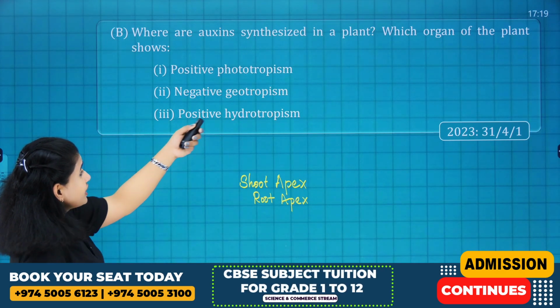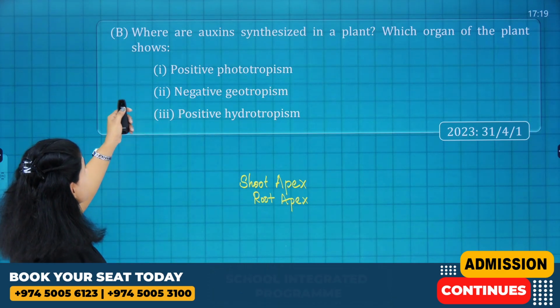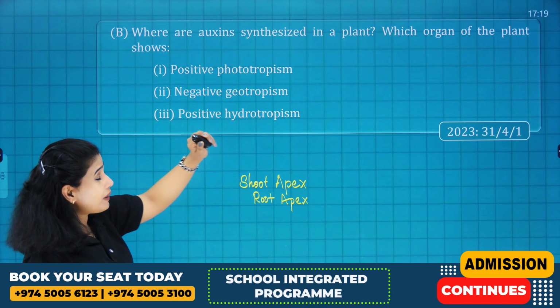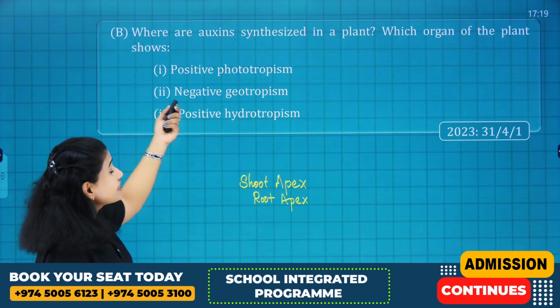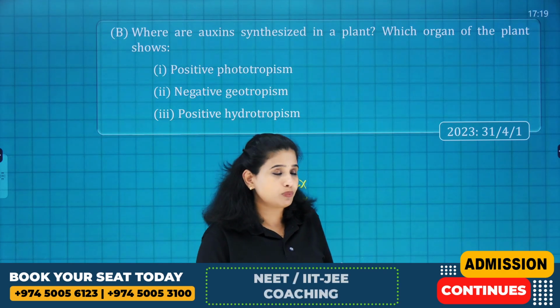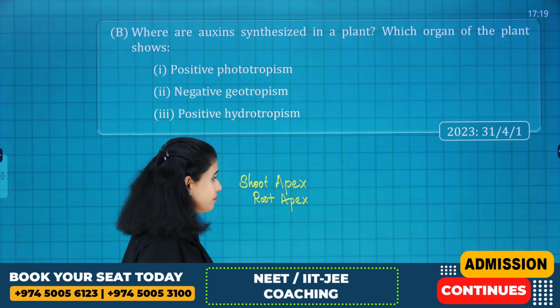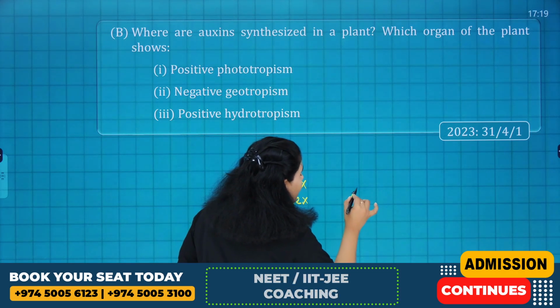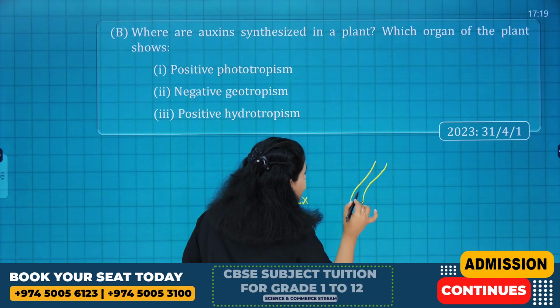And which part of the plant shows positive phototropism? We have already discussed what is phototropism. Positive phototropism is when the plant part grows towards light.